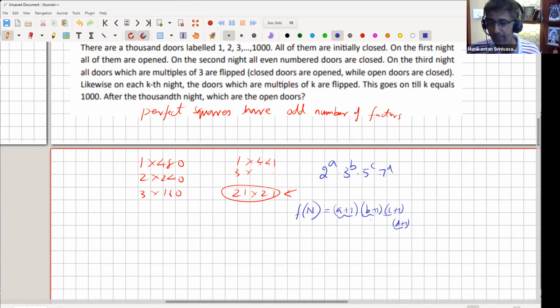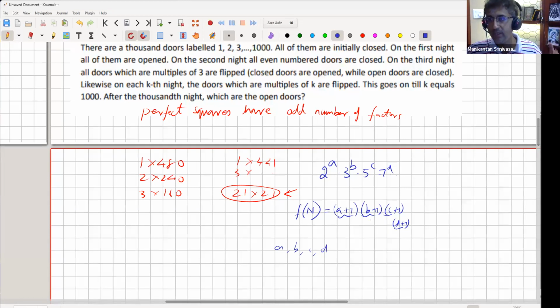Even if one of a plus 1, b plus 1, c plus 1 or d plus 1 is even, that's it. The product is even, therefore it has an even number of factors, which effectively translates to: if either a or b or c or d is odd, then it has an even number of factors.